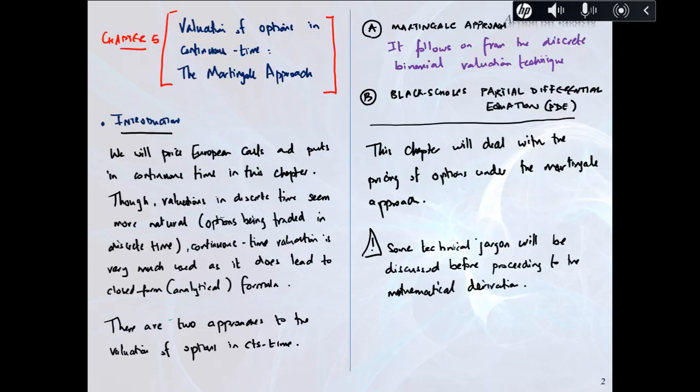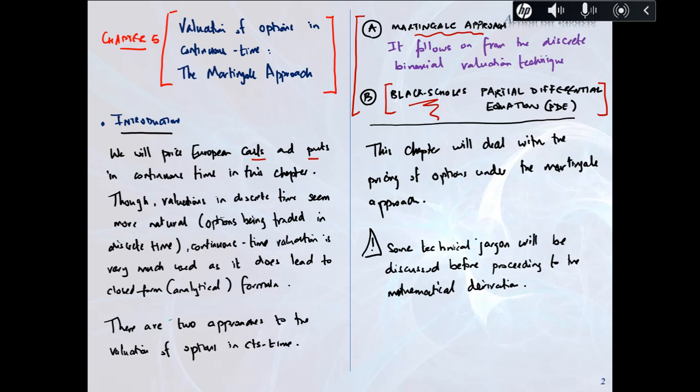Here we will be pricing European calls and puts in the continuous time framework. You will see that we have two approaches. The first one is the Martingale approach, which is what I just explained in the previous slide. We'll also see a very important result in option pricing, the Black-Scholes PDE approach.